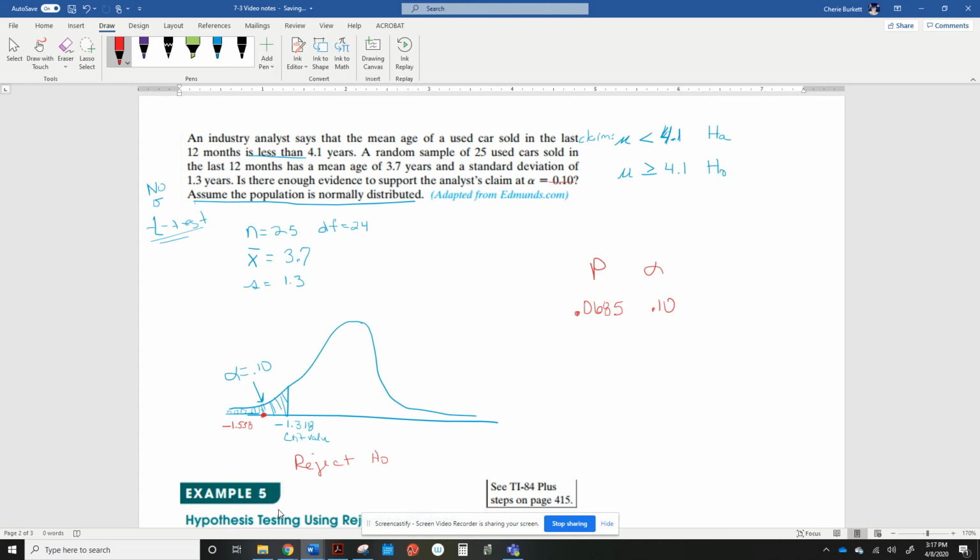So this number, 0.06, is smaller than this number right here, so we're going to do less than. And since it's less than, we reject H sub 0. And again, it should make sense because the area for the test statistic is going to be everything from this side. So this area right here is obviously going to be smaller than that area. So we do reject H sub 0.